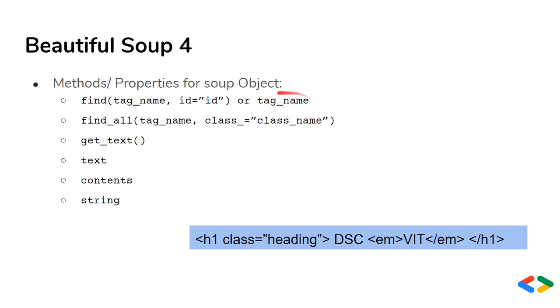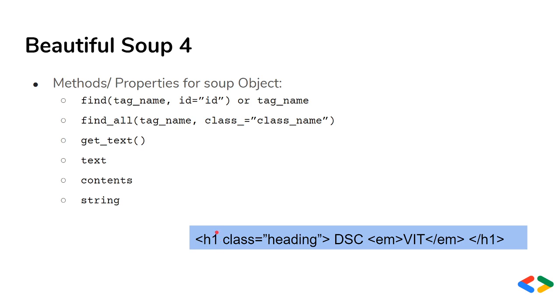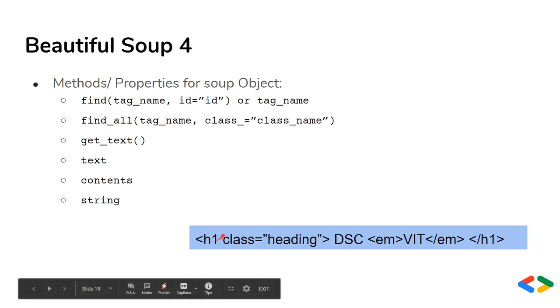So I'll tell you how to get this HTML element. You will write find h1, the name of the HTML tag is h1. You'll write find h1, comma, ID equals to, there's no ID over here, or you can use class also, class equals to heading, and this will return this complete HTML element.